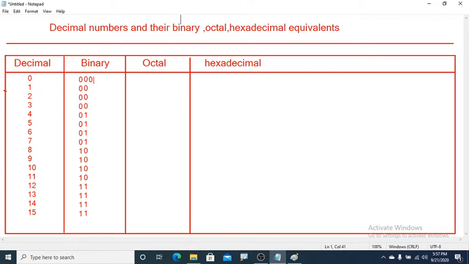Two zeros, two ones, two zeros, two ones, again two zeros, two ones, again two zeros, two ones.